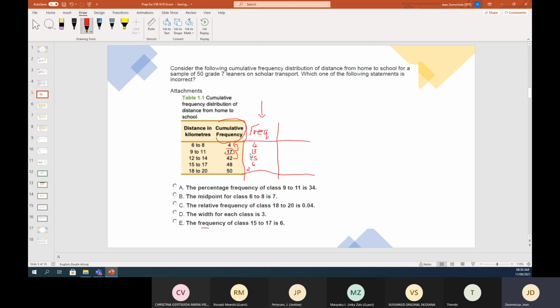So then I just want to add again: 17 plus 8 is 25, and 25 plus 25 is 50. Okay, cool. Let's do that as well.